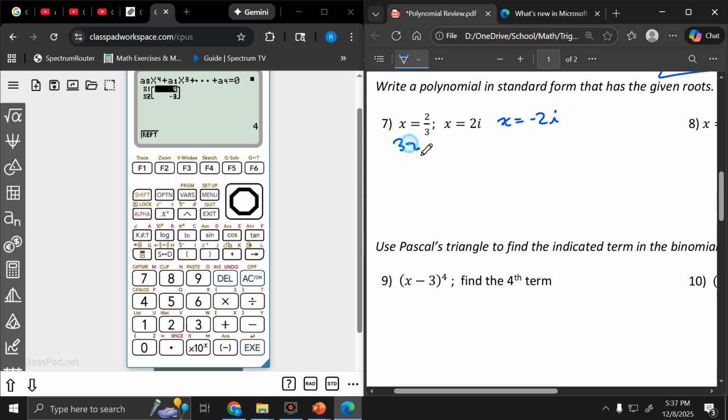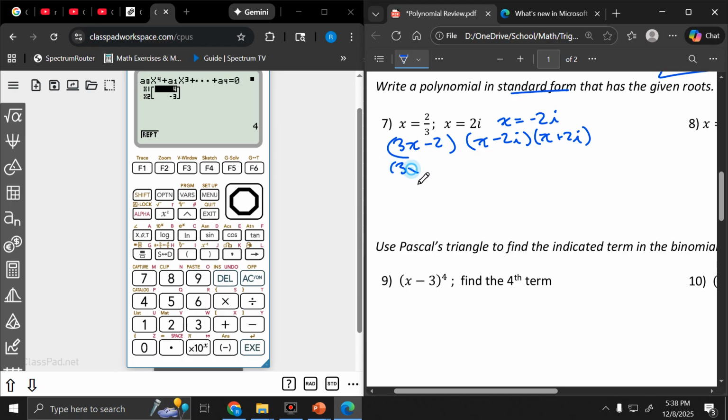So unsolve. That's my first factor. And then unsolve that, x minus 2i, by adding 2i. And now I multiply. Now it says standard form; right here is factored form. Your test is going to ask you for factored form.